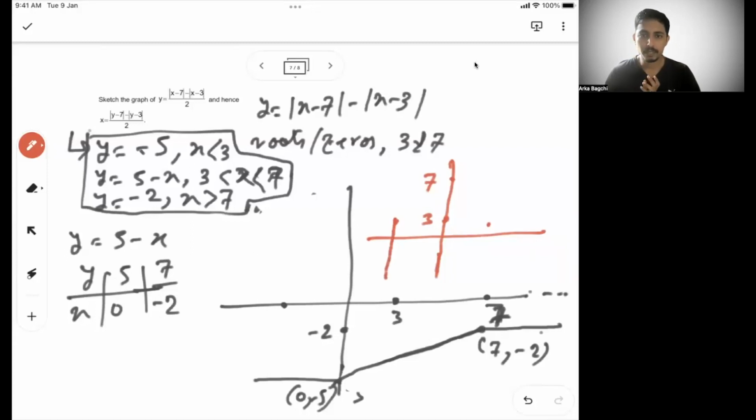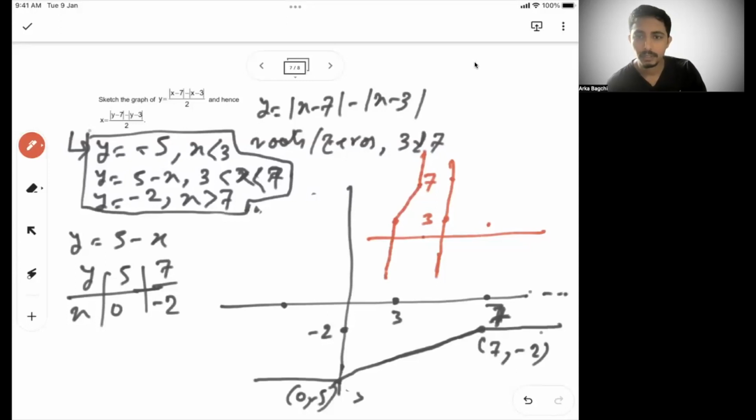And when y is more than 7, x is going to be -2. So this is the line. And we have to just join these two lines. Right? This is in between. The same thing will be shifted for x. Right? Okay.